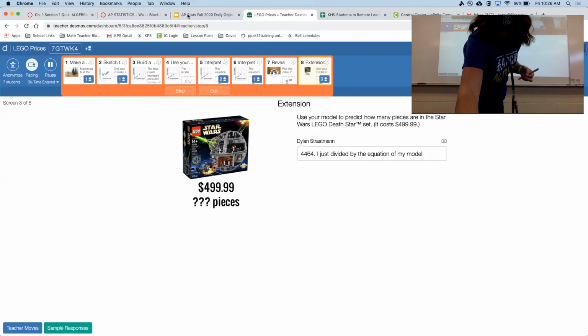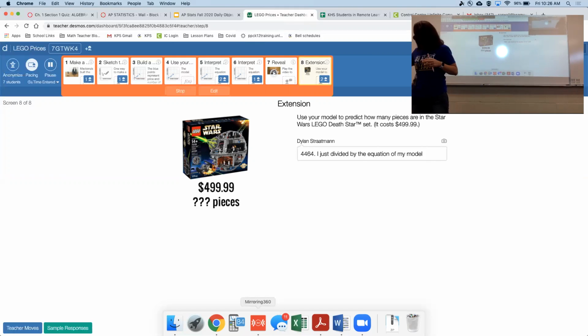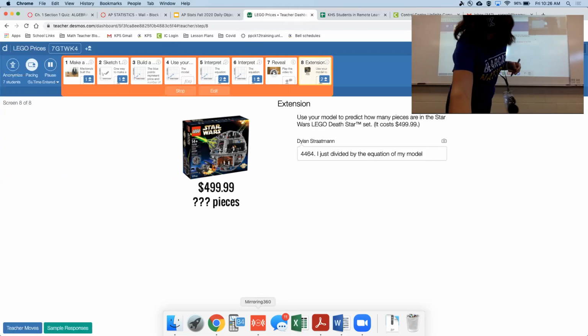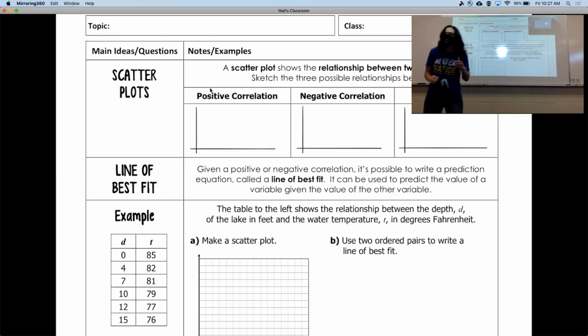So what we're going to do is talk about scatterplots and how we use data to make predictions. That's why I wanted you to try that activity first, because sometimes we have a tendency to think with scatterplots that all we're doing is just graphing points and it doesn't really serve a purpose, but it does.